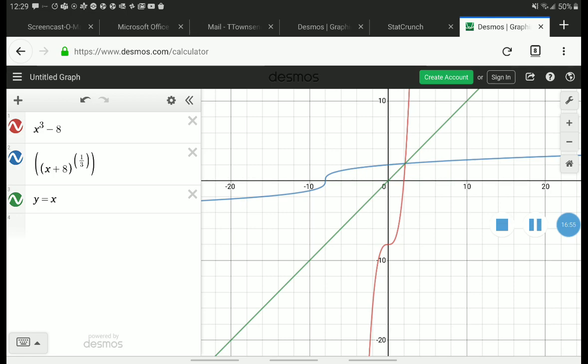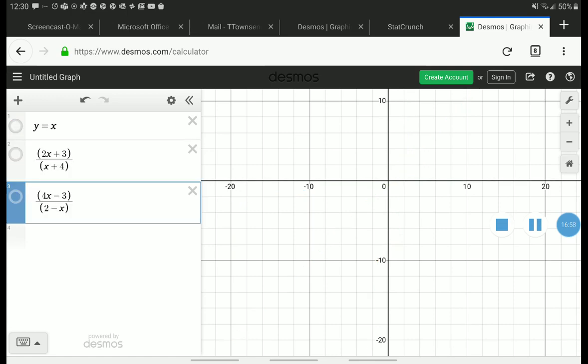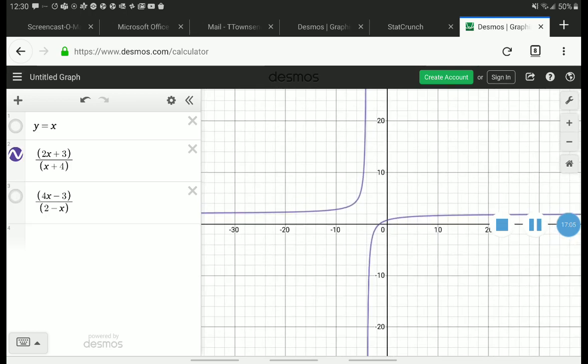Now, let's look at number 41. If we graph f of x, there's our f of x function. I'm going to zoom out just a little bit so we can see that the vertical asymptote would happen in here at negative 4. You can see the horizontal asymptote, and we could graph those if we wanted to.